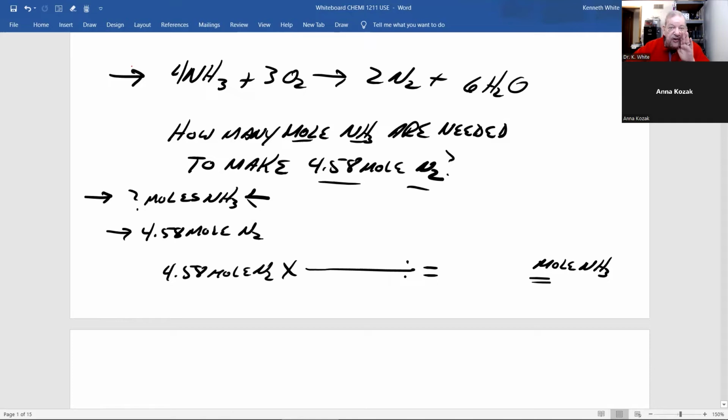Use your good buddy, your good friend. Again, just the units: what goes on top and what goes underneath that ratio.